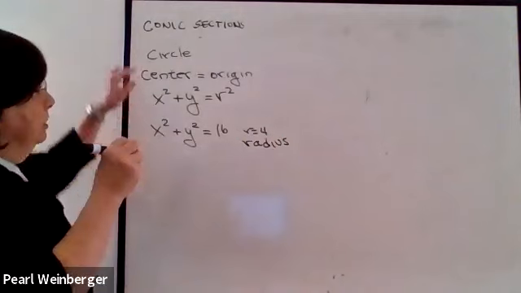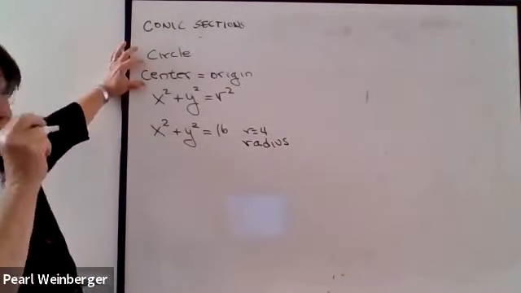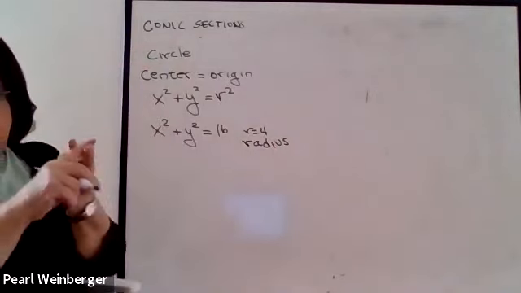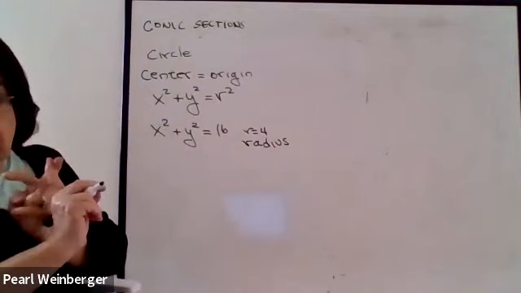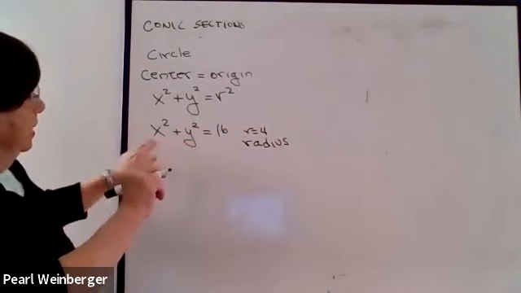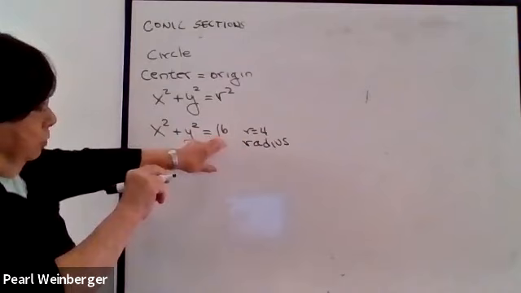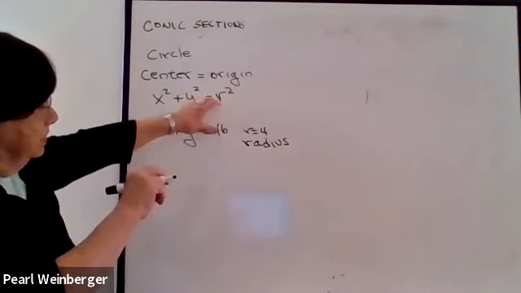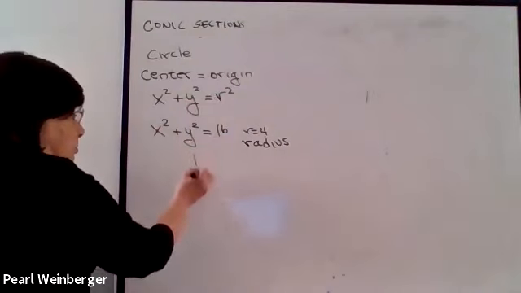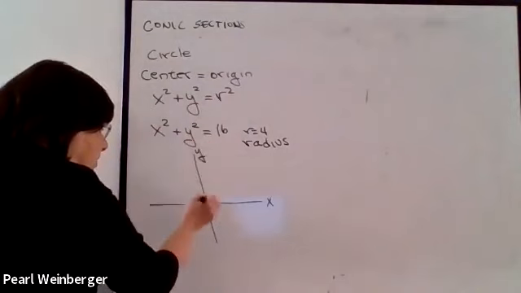The center of this circle is going to be at the origin. Remember I told you, in order to have a circle, you need two things. You need to know where its center is, and you need to know what its radius is. In this case, if I have x squared plus y squared equals 16, and this number always has to be positive because it has to be something squared, we have a circle whose center is the origin.